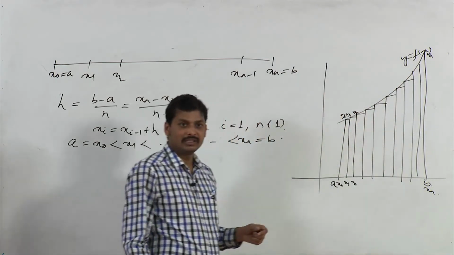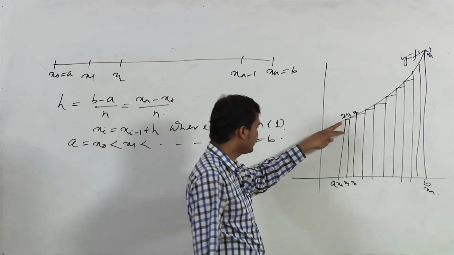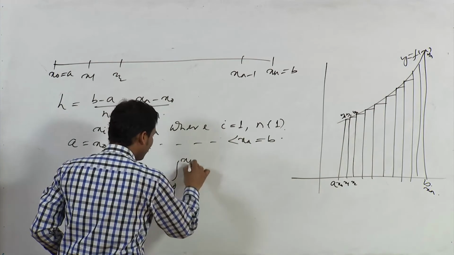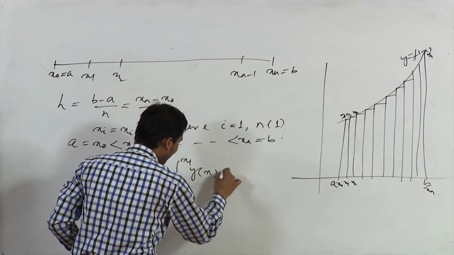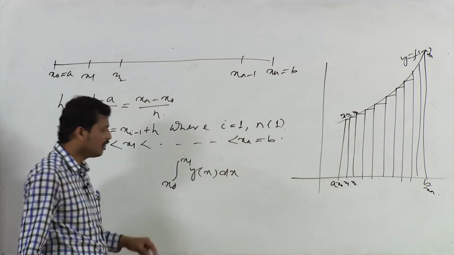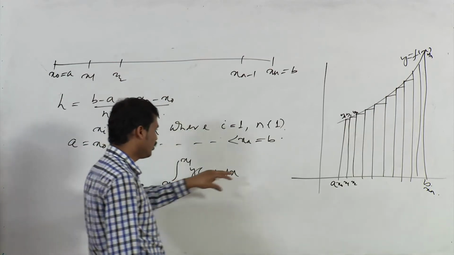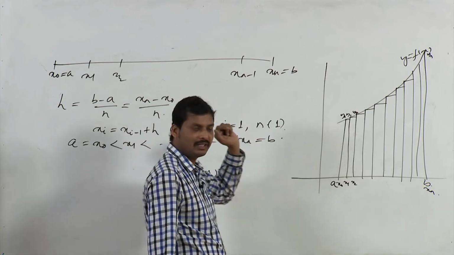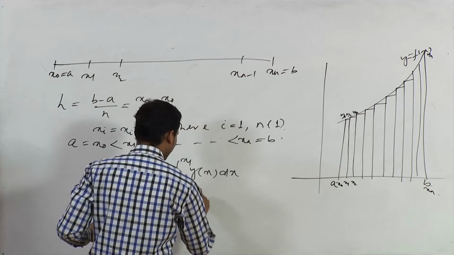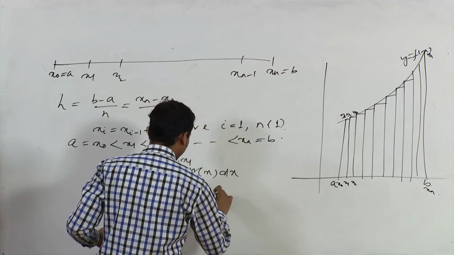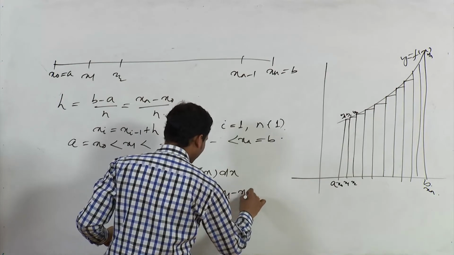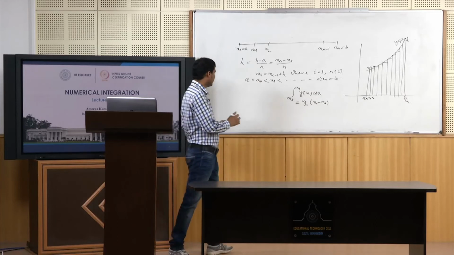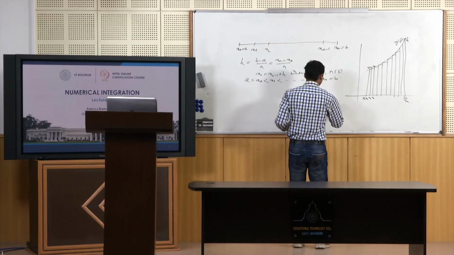Then we can consider this integration within the range x0 to x1 of y of x dx, or f of x dx, which can take the maximum value y0 within this range x0 to x1. Then we can write this integration as y0 into (x1 minus x0), and this can be written as h y0.